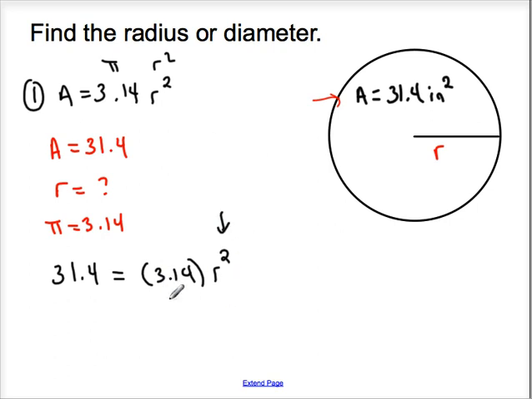Since we're solving for r, let's first get rid of the 3.14 by dividing both sides by 3.14. So 31.4 divided by 3.14, we get an answer of 10, so r squared is equal to 10.